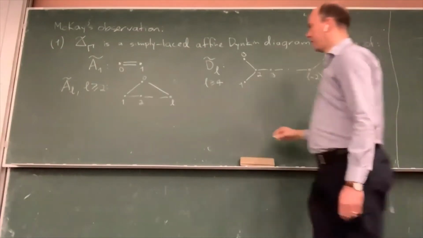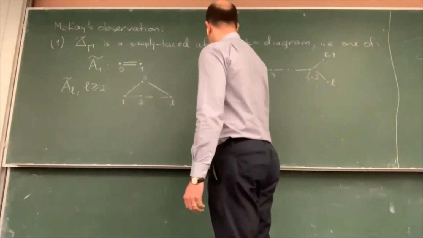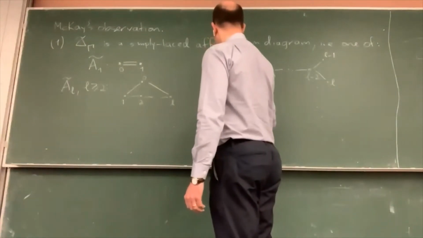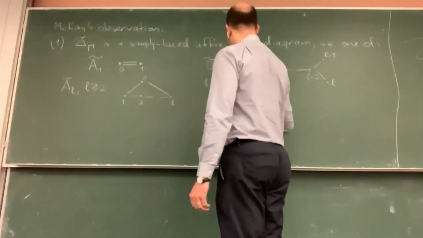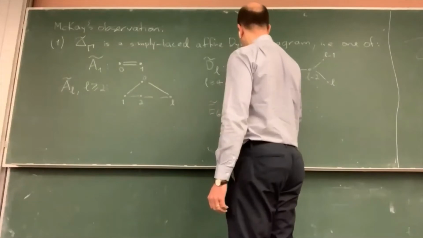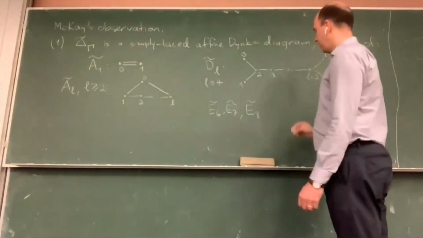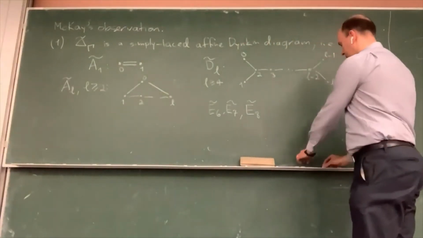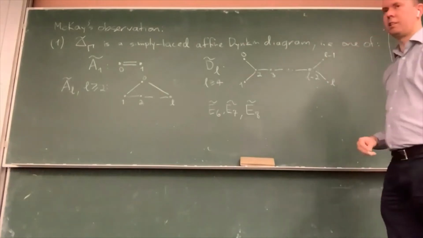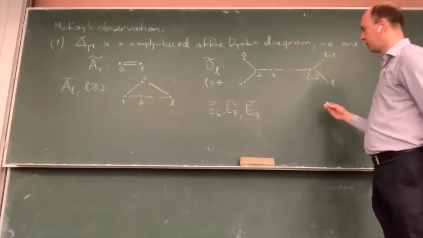And then there are the graphs E6 tilde, E7 tilde, and E8 tilde. And I might just draw E8 tilde because the exact shape of these type E graphs is not going to play much role in what I say later on.